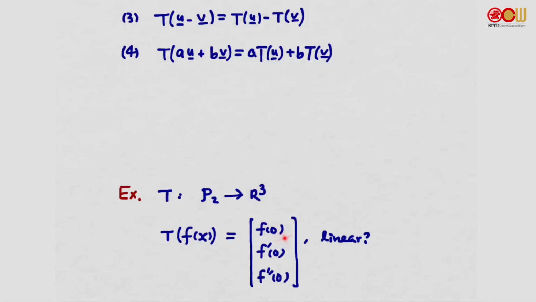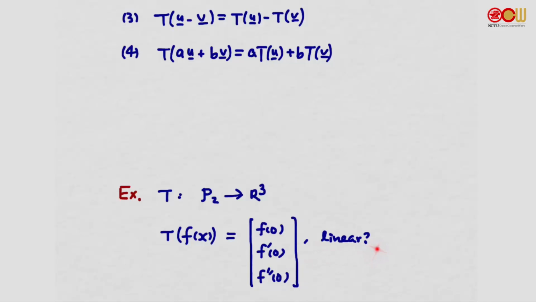And the first entry is f(0), the second f prime of 0 and the third f double prime of 0. So this one is the value of the derivative of f evaluated at x equal to 0, and this is the value of f double prime at x equal to 0.